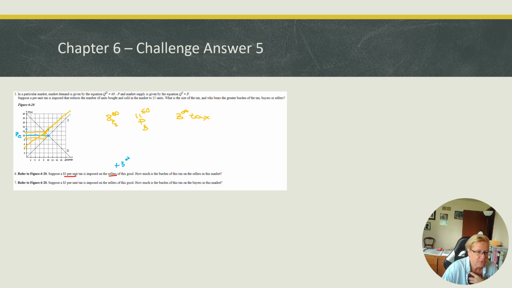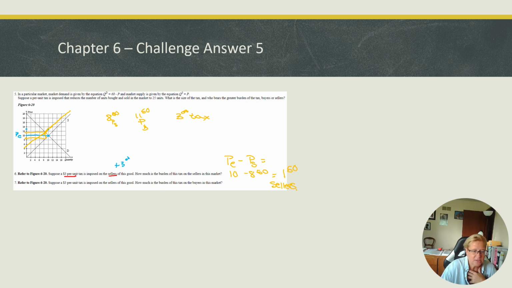$10 was equilibrium. So suppose the $3 tax is imposed on the sellers. How much of this tax is on the sellers in the market? If we know that price equilibrium was at 10, price equilibrium minus the price that sellers are receiving, we have 10 minus $8.50, which gives us $1.50 of that tax would be on the sellers.